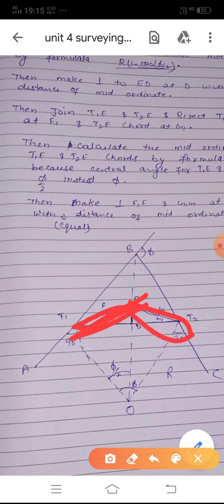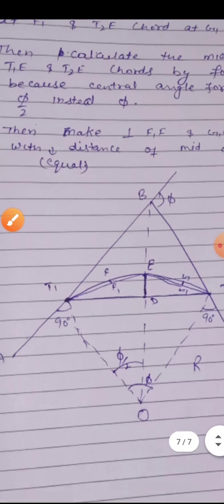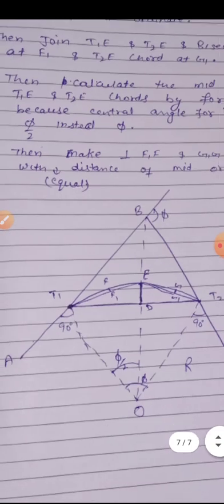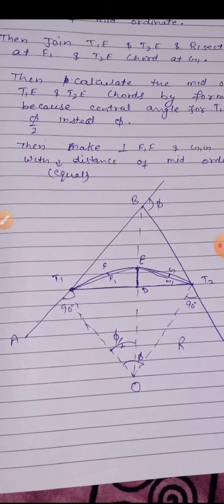Then our point F1 and G1 we can find with the straight lines. Then these are the chords of the arcs T1E and T2E, and F1 and G1 are the midpoints of those chords.